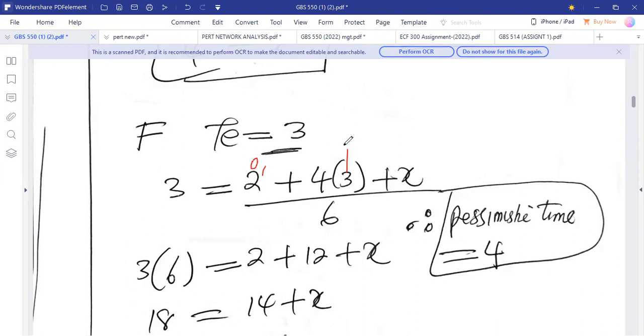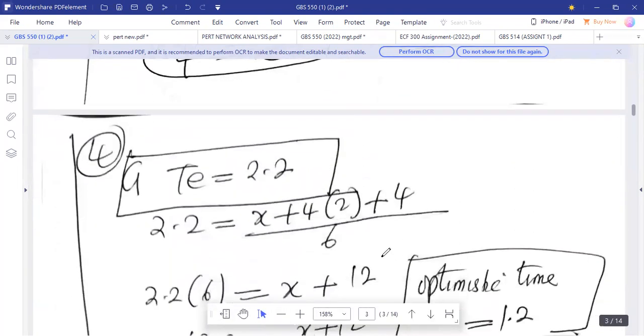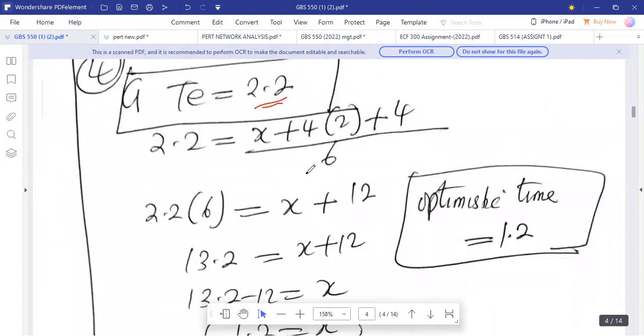The 4 and 6, these are constant, and this is the time expected. So meaning we can find the pessimistic time, which is this P, which was 4. Getting down to the G, time expected was given. So substituting here, we are getting the optimistic time, which was 1.2.